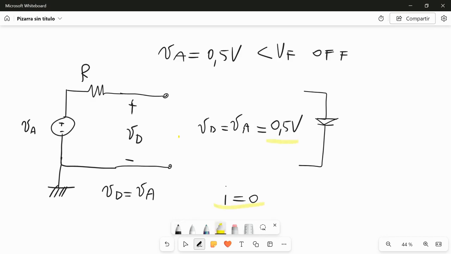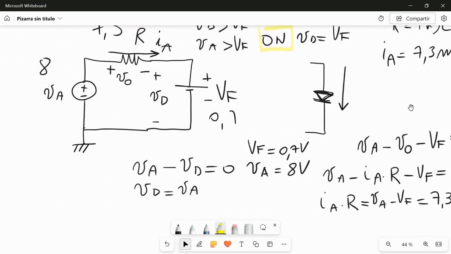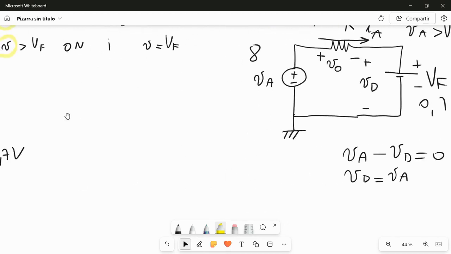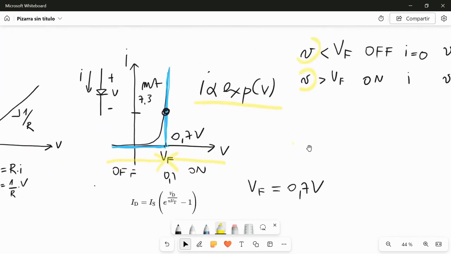So now, this is our operating point. On the diode curve, this means that we are in some place here. Let's see where we are. Some place here: 0 current and 0.5 volt.